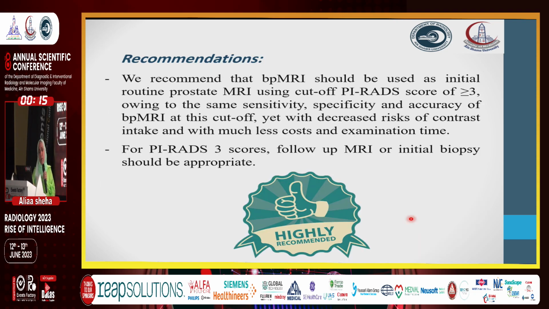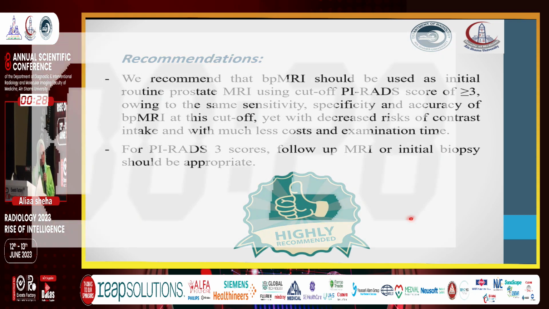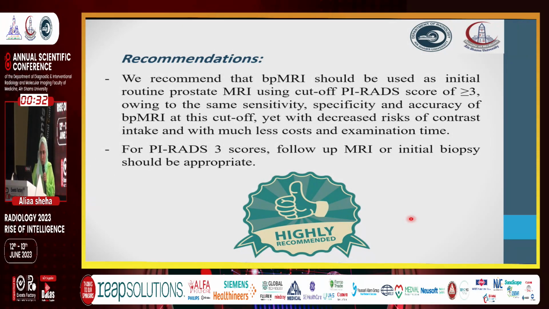But we recommend that the biparametric should be used with a cutoff of more than 3, and the patients with PIRADS 3 could be closely followed by MRI or could undergo initial biopsy, which gives comparable results and exactly the same accuracy as multiparametric MRI in this setting.